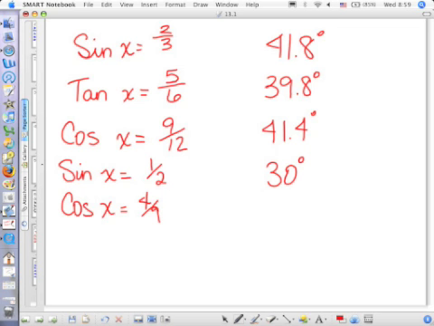Checking yourself as we go. Are you confident in your use of your calculator? Yes. Good. No.